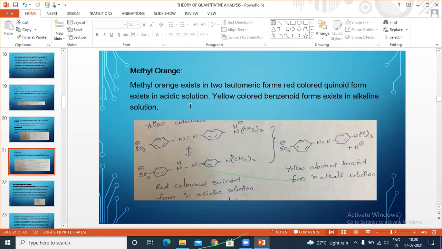In basic medium it is in the benzenoid form, which has a yellow color. Both are tautomers of each other. That is the main thing we have to remember.